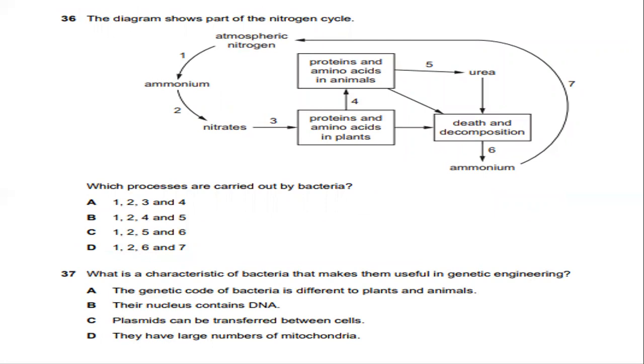The diagram shows part of the nitrogen cycle. The nitrogen cycle will also be covered in chemistry. If you can recall, you have organic nitrogen, and from organic nitrogen, NH3, you produce ammonia nitrogen, NH4, where you go through a lot of degradation. Then through this process, you have nitrite and nitrate nitrogen, NO2 and NO3.